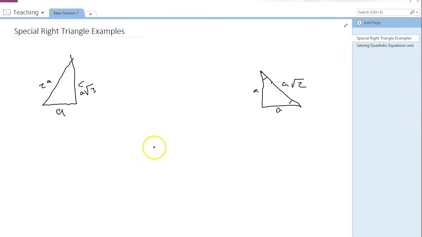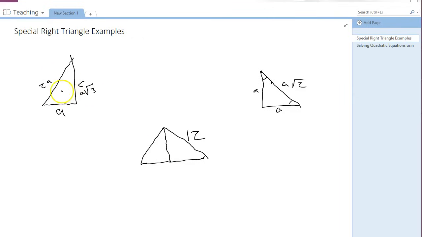Okay, now another interesting scenario. Let's have a triangle with all legs equal, and let's call one leg 12. So all 3 legs are 12. 60, 60, 60 degrees, and all legs are 12. What's the area of this triangle? So basically, you just draw a line down.